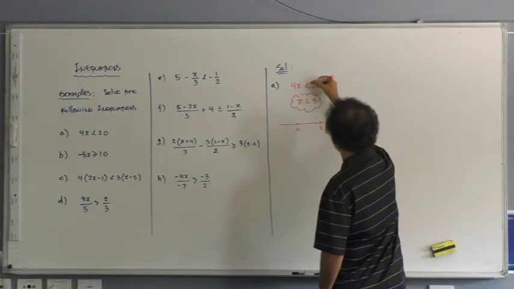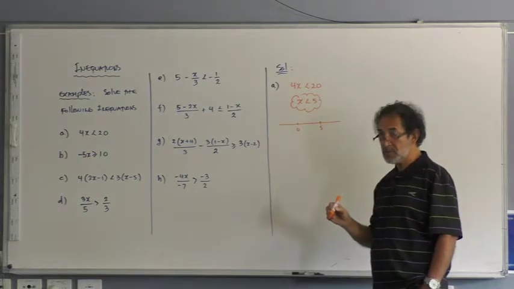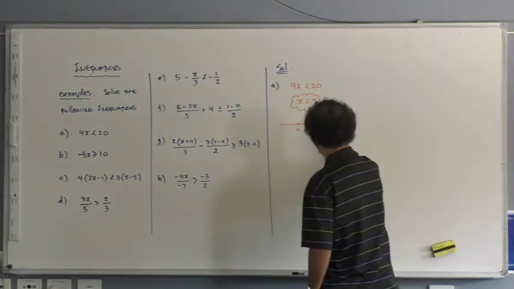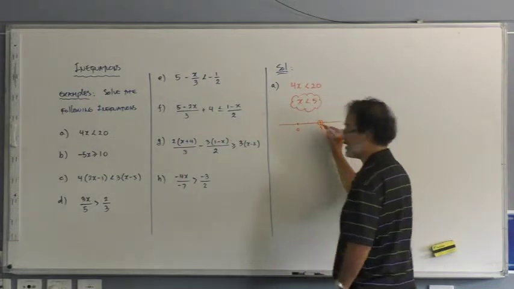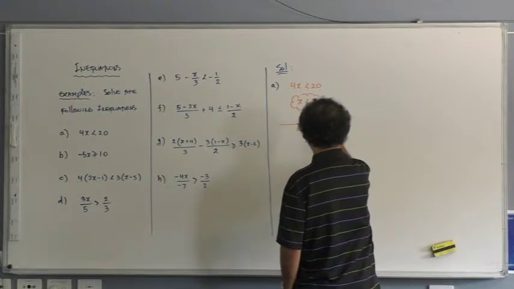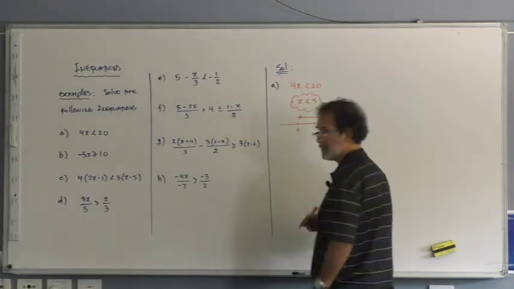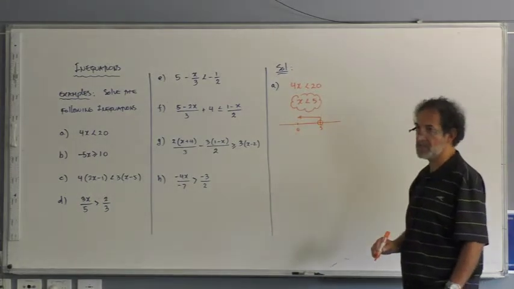Also, can you see that this is less than? It doesn't include equal, so you draw an open circle to indicate that you are excluding 5. That means the answer is any number less than 5.